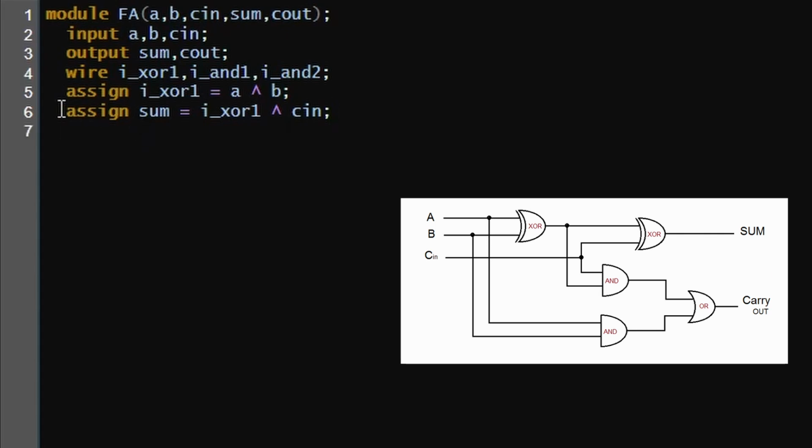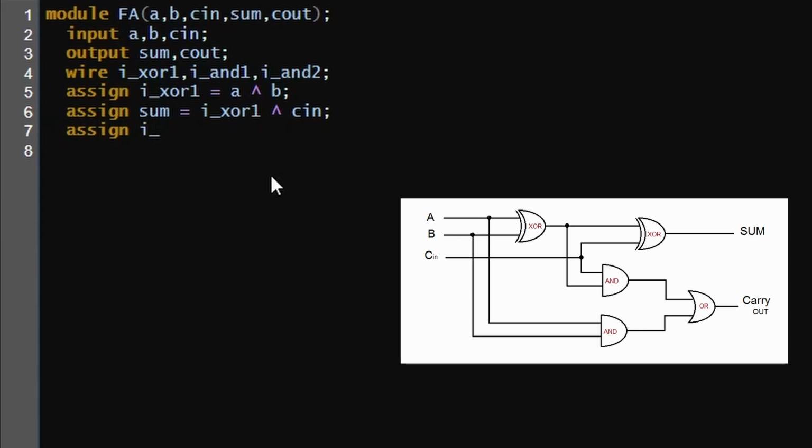These two statements will give you the final sum. This intermediate output is carried as an input to the next XOR gate, which will give the sum.